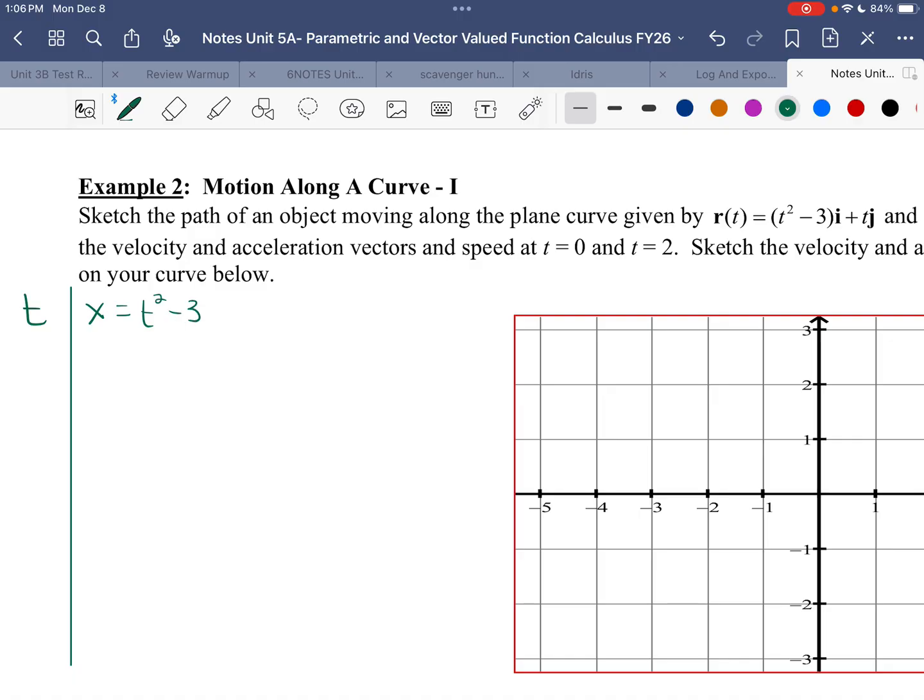My x coordinate is going to be the i component, and my y coordinate is going to be the j component. Okay, it's not limiting me to only positive numbers, so let's just maybe plug in like -2, -1, 0, 1, 2.